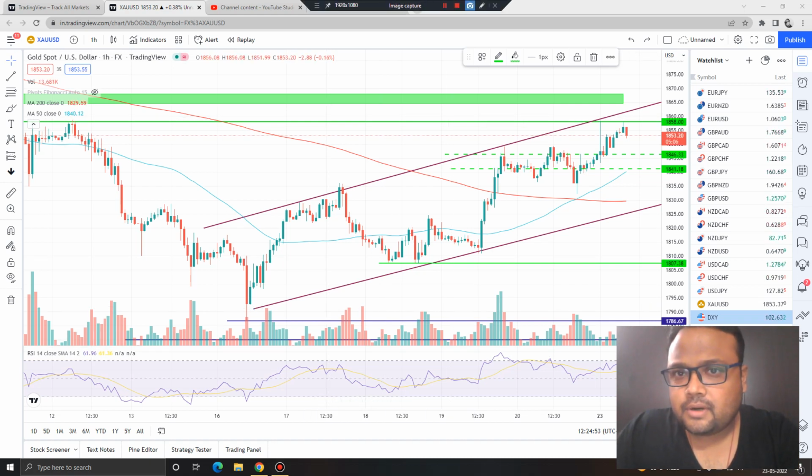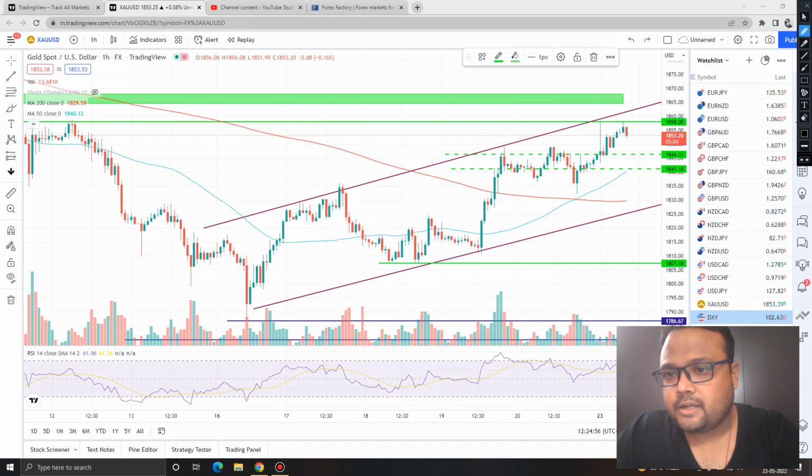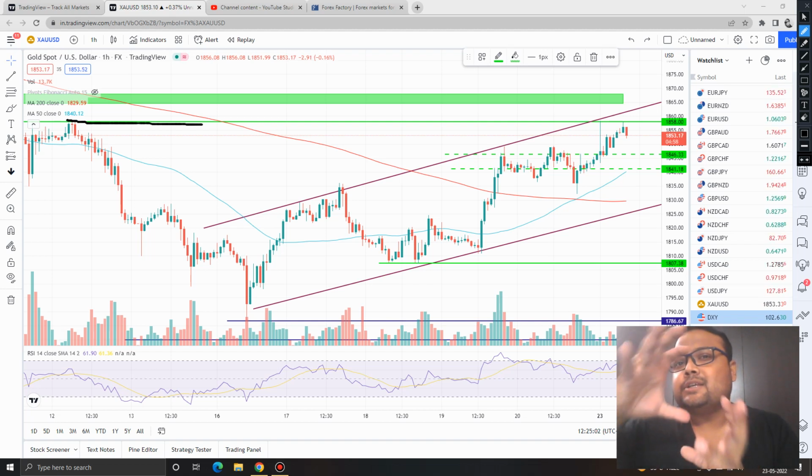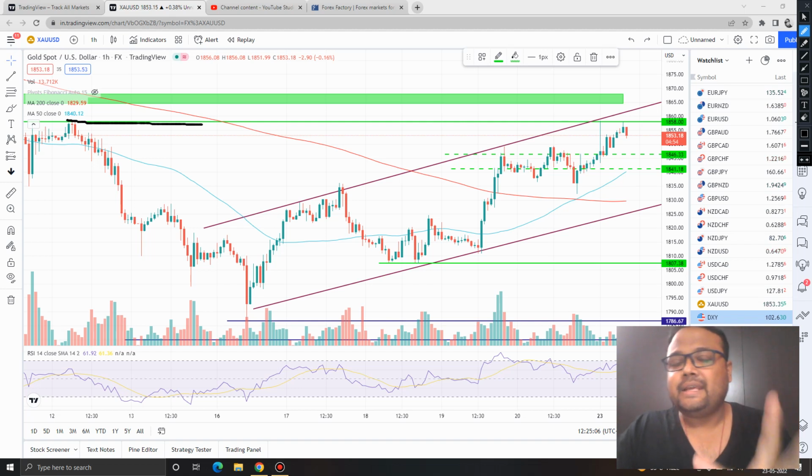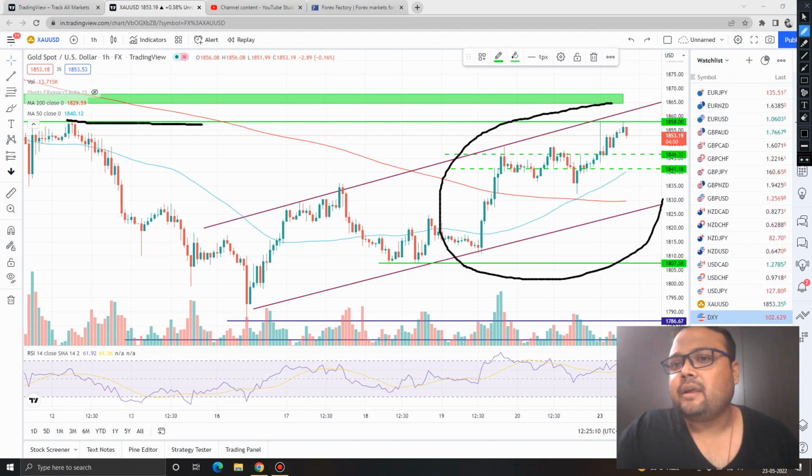The first level that we talked about on Saturday was this resistance level, and right now we can see the market is showing some kind of correction from the resistance of 1858, 1859 level. But if we look at the chart carefully, the chart is still in upside.